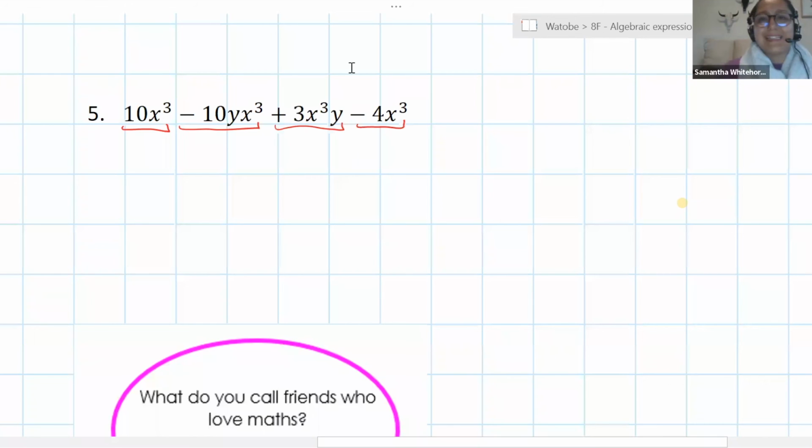We cannot hear anything anymore. MTS has a joke for us while we wait for Samantha. MTS said, why are obtuse angles so depressed? Because they're never right. That's the funniest joke ever. Thank you, MTS, for sharing that with us.